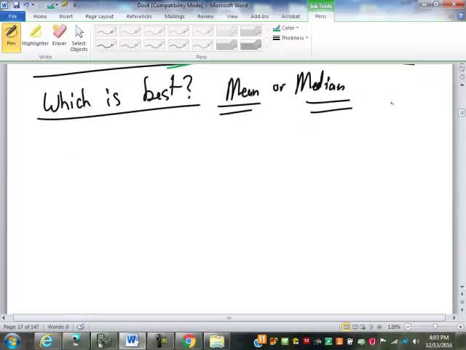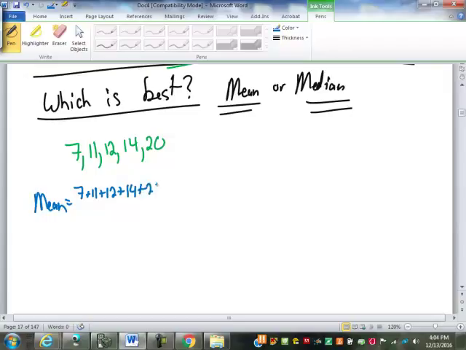But I'm going to throw up a set of data here. Okay, let's find the mean and the median for this set. The mean would be 7 plus 11 plus 12 plus 14 plus 20 divided by 5, because there's 5 numbers in that list.